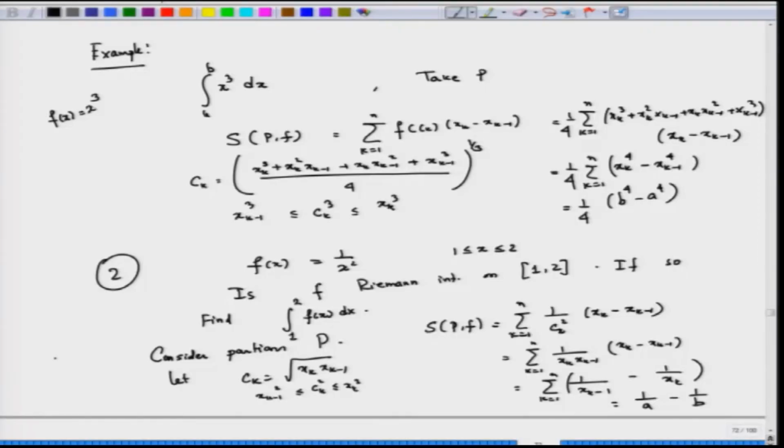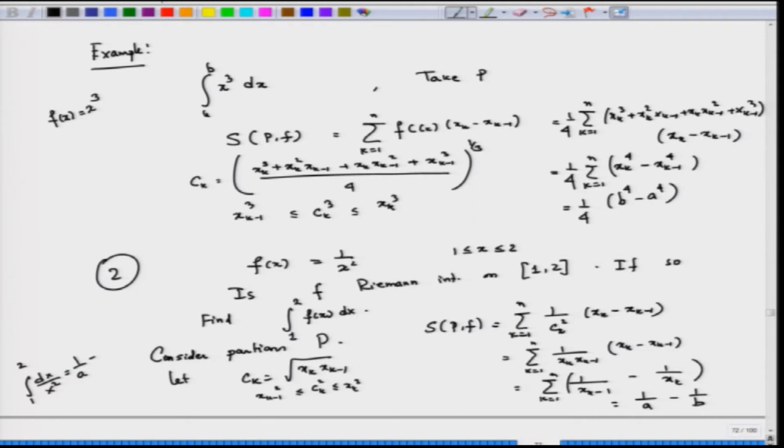So, as the limit of norm P goes to 0, S_P f is going to be 1 by a minus 1 by b. Therefore, we say that f is Riemann integrable on [1, 2] and the integral from 1 to 2 of dx by x square is equal to 1 by a minus 1 by b.